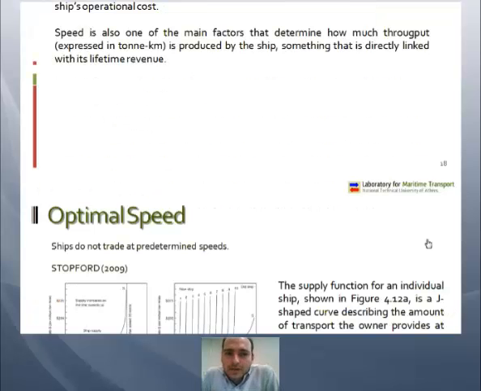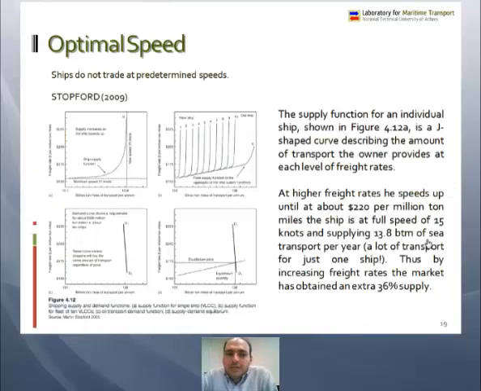First of all, regarding the optimal speed of vessels, the most important thing that you should know, and you probably know, is that ships do not trade at predetermined speeds. This figure comes again from Stopford's excellent textbook, and it shows the supply function for an individual ship, which, as you know, is this so-called J-shaped curve, which describes the amount of transport the owner provides at each level of freight rates.